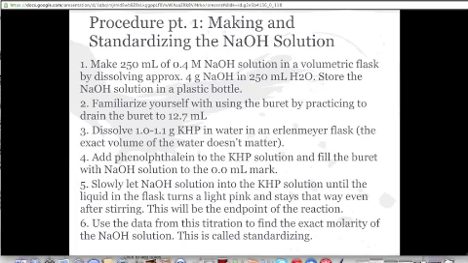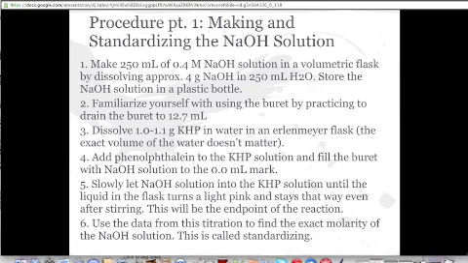And after we'd practiced using the burette, we dissolved between 1 and 1.1 grams of KHP in water in our Erlenmeyer flask, and we added our indicator, and then we titrated the NaOH and the KHP until the liquid turned a light pink, and it stayed that way after stirring, and this is the end point of our reaction.